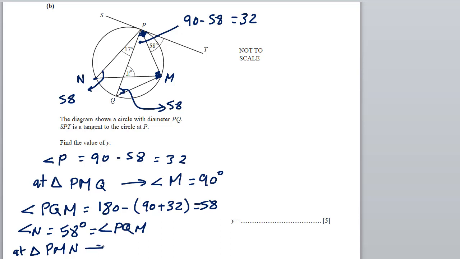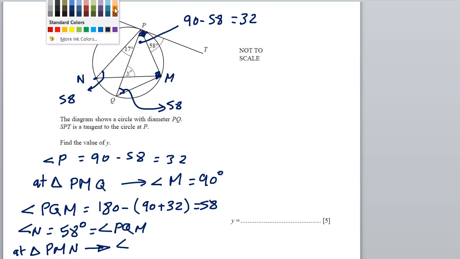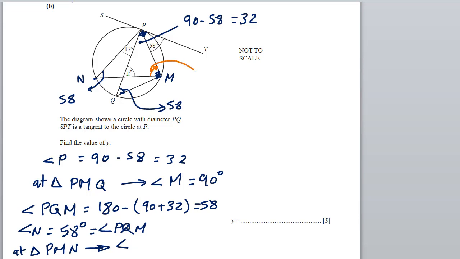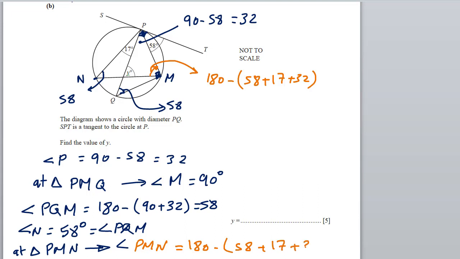Now from this triangle, this angle now is equal to 180 minus (58 plus 17 plus 32). So angle PMN is equal to 180 minus (58 plus 17 plus 32).